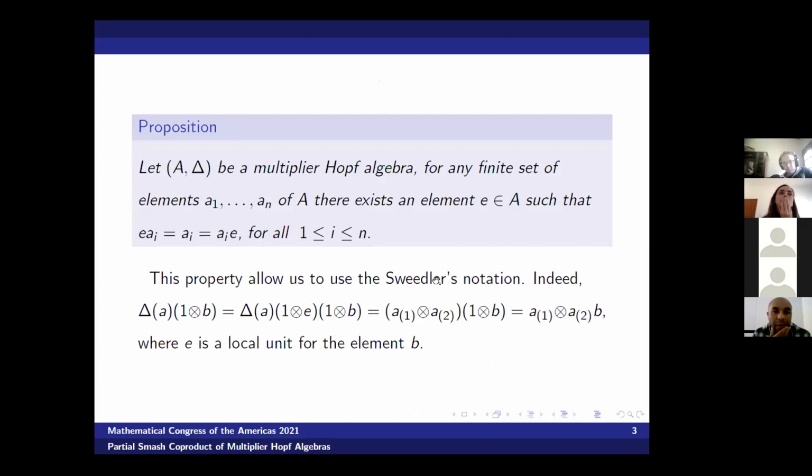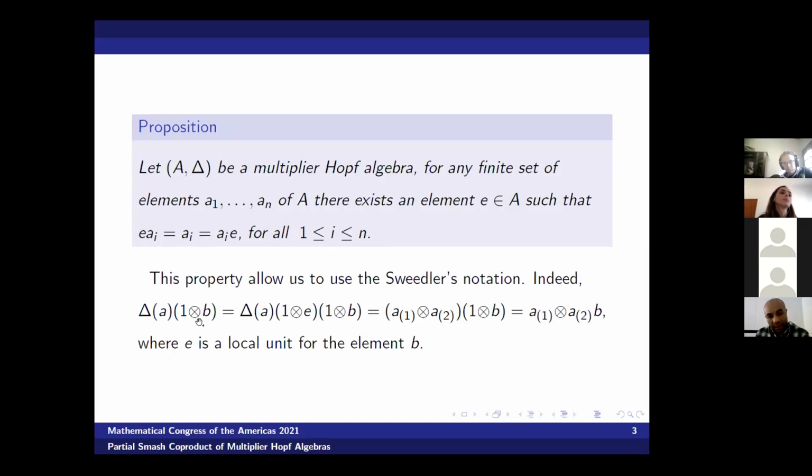An important result in this theory given by Van Dale is about the existence of local unities. It is an important result because it allows us to use the Sweedler notation in this context. So we have a multiplier Hopf algebra. For any finite set of elements, there exists an element that is a local unity, which means that this equality holds.